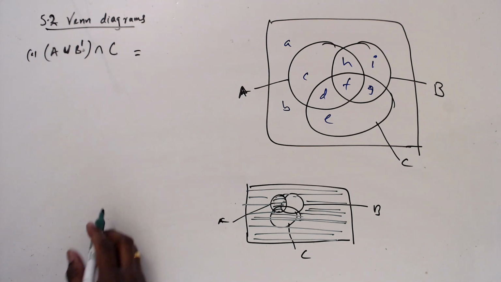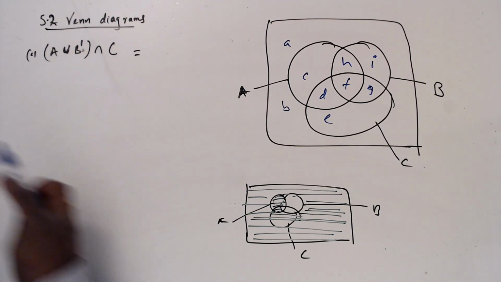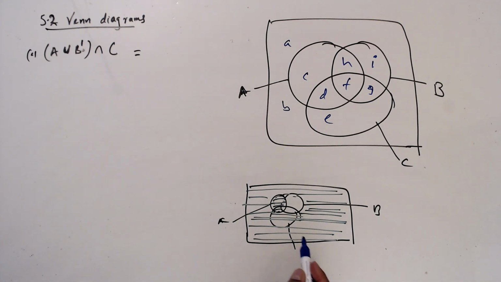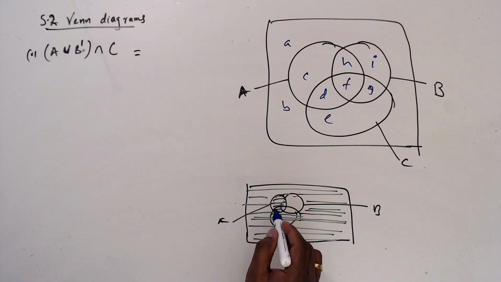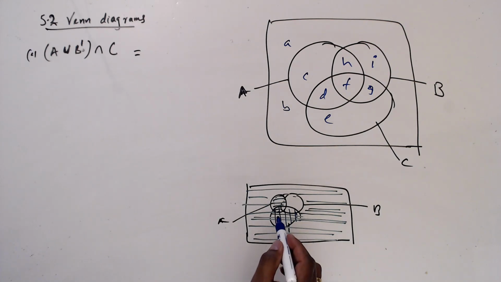Now I want the intersection with C. So I have to take a different pattern. So intersect with C. So what is C? I'll mark C. Then I can see this is the area they have in common.